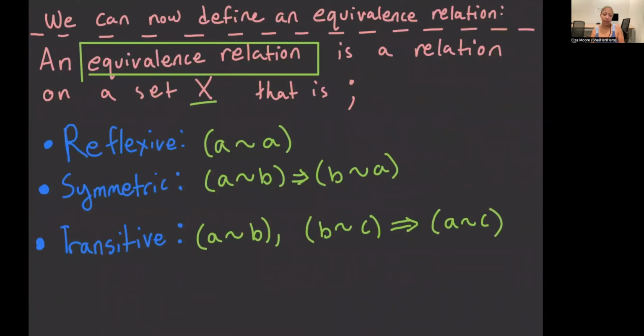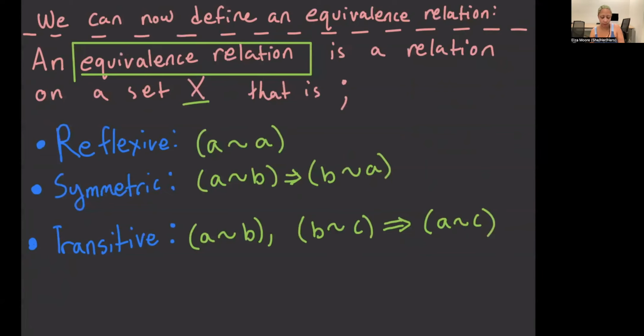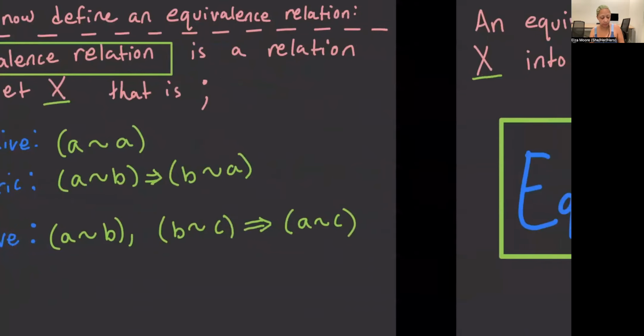Symmetric, in that if A is related to B, then B is related to A. Transitive, meaning that if A is related to B and B is related to C, then A is also related to C. These are things that we kind of learn in grade school, the idea of something being transitive. But now we're generalizing a lot of these concepts so that we can extend them further and really get to the heart of what we're talking about.